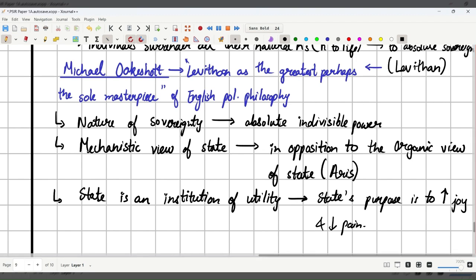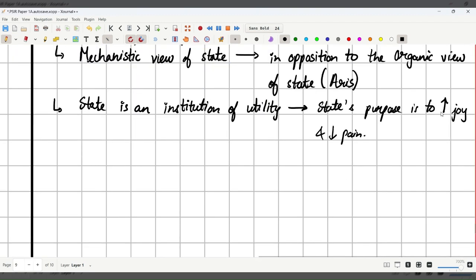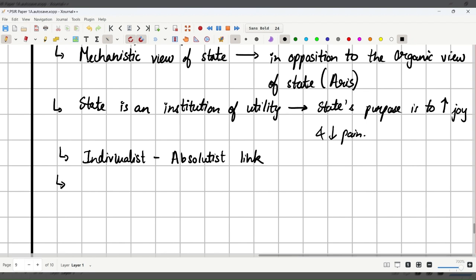Okay, so basically he uses the hedonistic method to describe the institution of the state, or the role of the state. Then here you can also comment or link the individualist-absolutist link. Okay, you can also write here or you can link here.